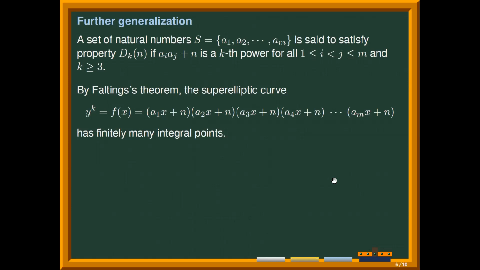Namely, it will give you a solution to this superelliptic curve, where k is bigger than or equal to 3, and you can have a factor which runs from a1x plus n to amx plus n, or you can also have fewer factors than this f(x).